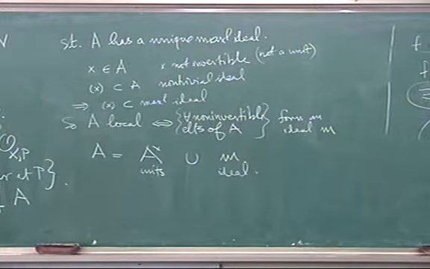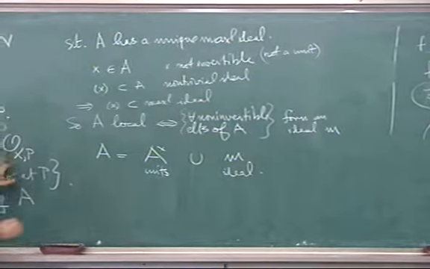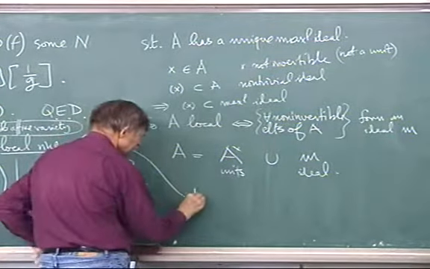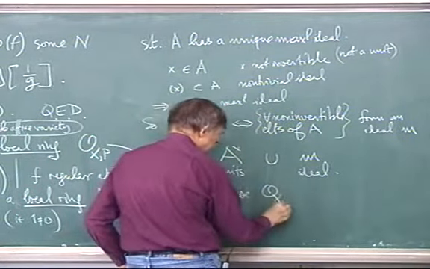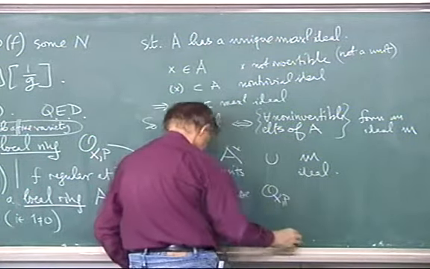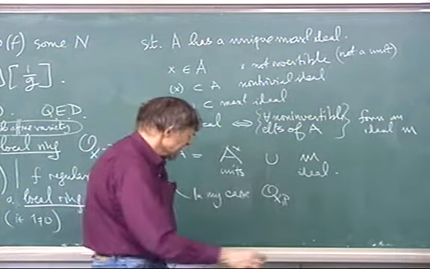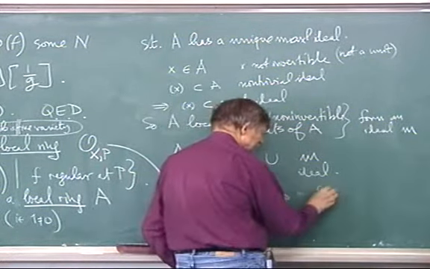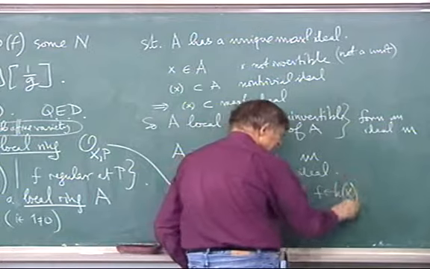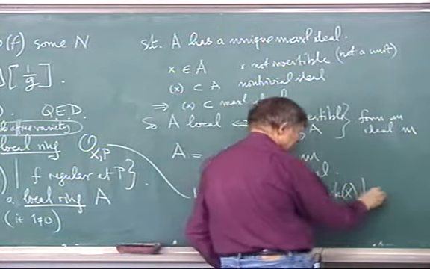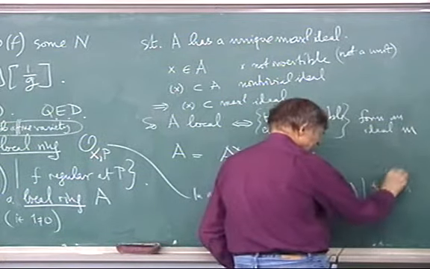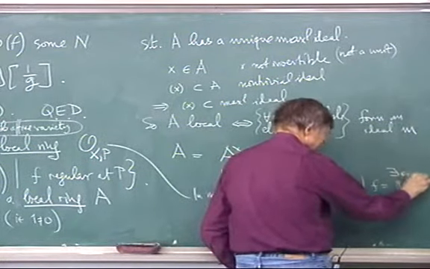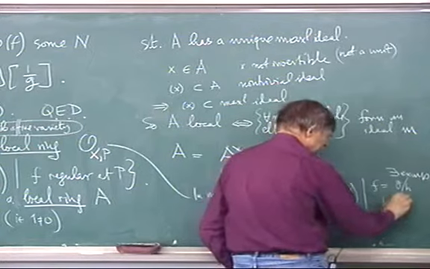So why is this a local ring? In my case, O_{X,P} is the set of all f in K(X), and I'm going to say that f can be written as g over h, so there exists an expression with h(P) not 0.